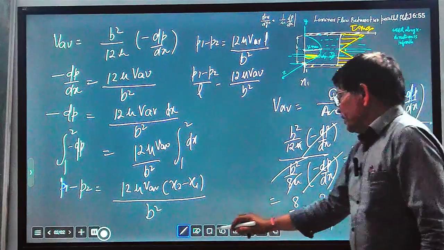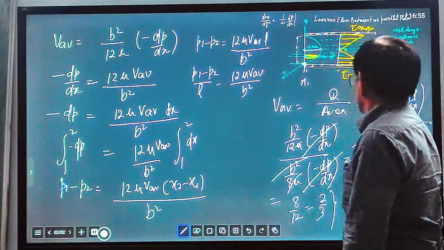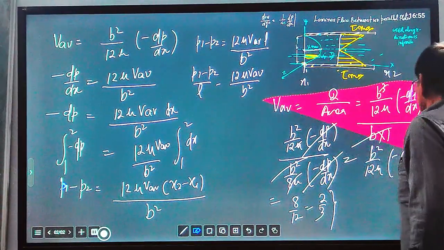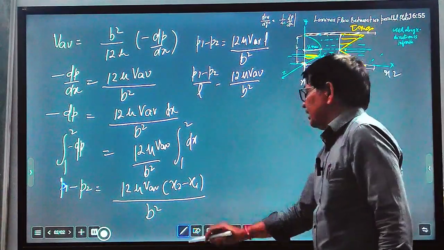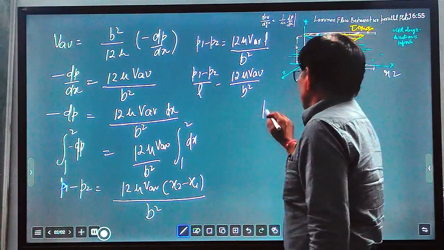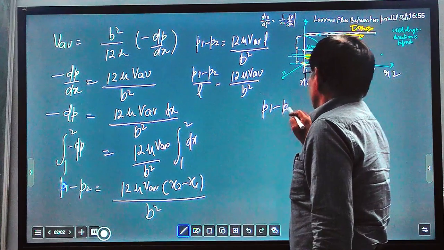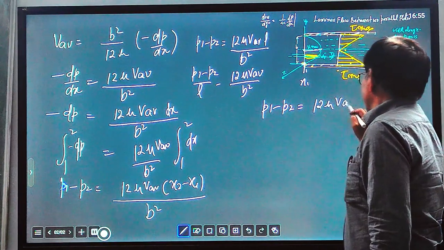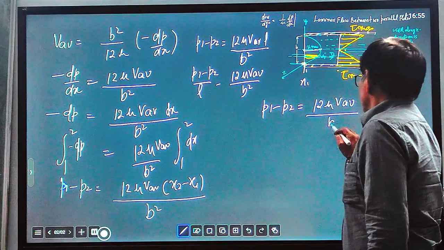But most of the time we have to find out the head loss. That head loss we have to define in terms of the length of the water column. So again we write the equation P1 minus P2 equal to 12 mu V average L upon B square.